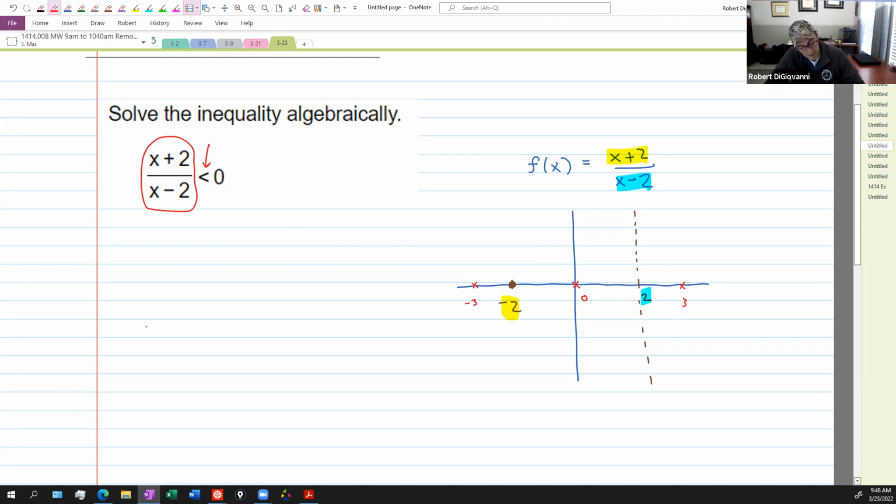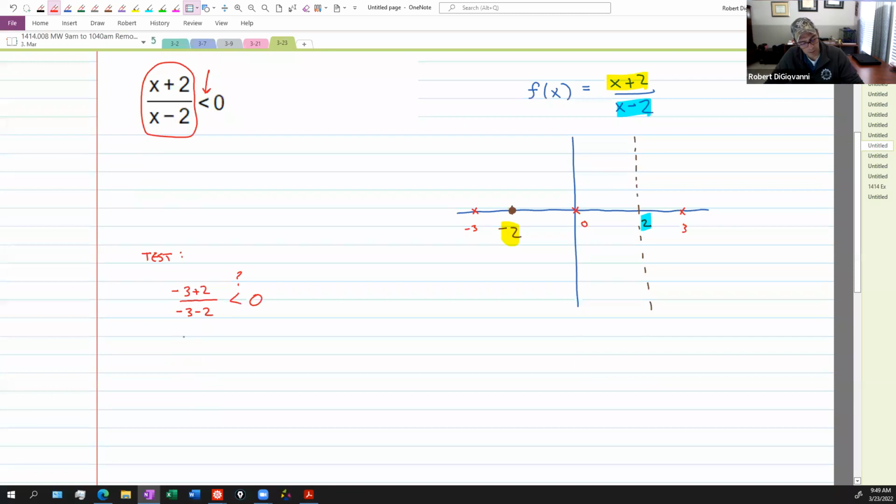So let's test -3. If I plug -3 into that, I get -3 plus 2 over -3 minus 2. And the question is, is that less than 0? So let's see, we get -1 on top, and on the bottom you get -5. A negative divided by a negative is positive.